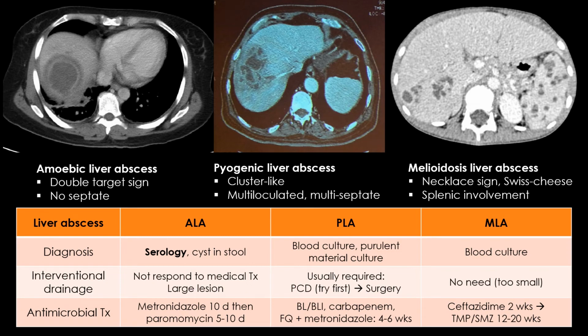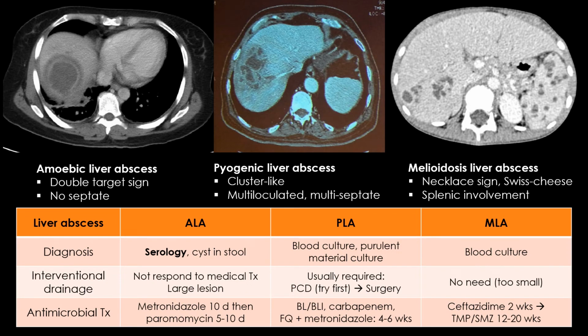Antimicrobial treatment for amoebic abscess, we use metronidazole for 10 days and then paromomycin. But as I know, this drug is not available in many hospitals in Thailand. For pyogenic liver abscess, you can use a beta-lactam beta-lactamase inhibitor such as amoxicillin-clavulanate or ampicillin-sulbactam. If the pathogen is resistant to cephalosporin, you can use a carbapenem or quinolone plus metronidazole.